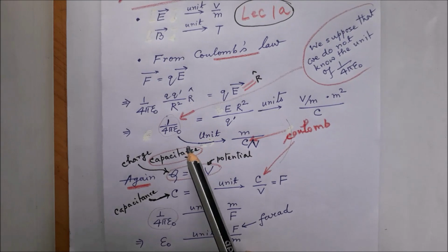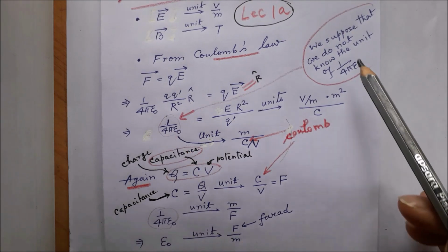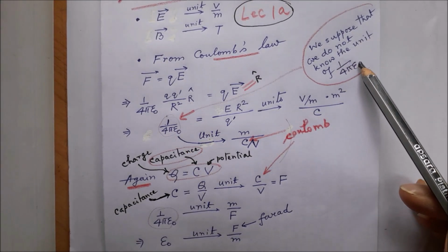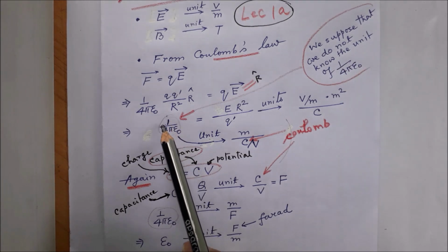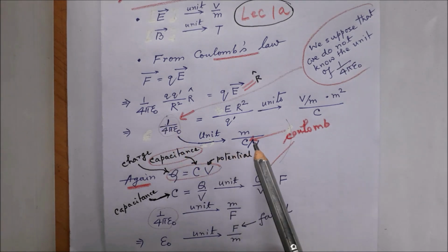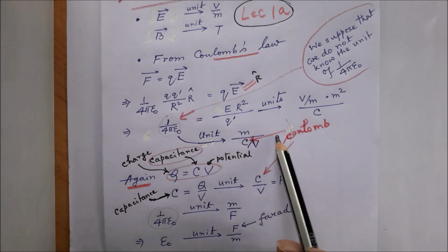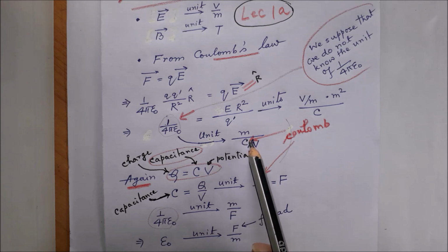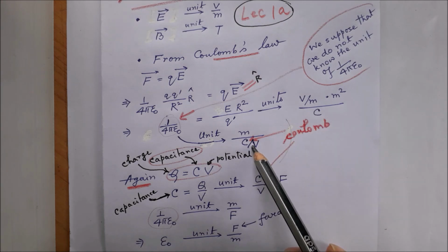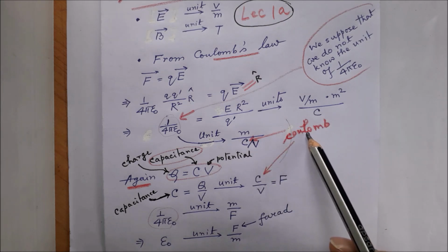Supposing that we do not know the unit of 1 by 4 pi epsilon 0, we have 1 by 4 pi epsilon 0 expressed in terms of meter, and in the denominator we have coulomb per volt, which follows from this expression. Here C is for coulomb.